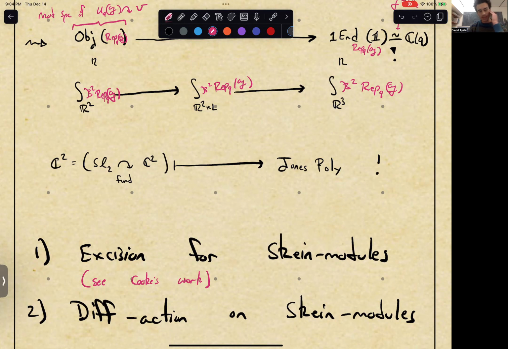And what was missing, of course, is a derived theory of Skein modules to fill in the rest of that right exactness to a long exact sequence. So I'm just going to leave it at that: one gets from this an excision formula for Skein modules. And as I already mentioned, one gets a diffeomorphism action on Skein modules, which I think would be pretty interesting for constructing elements and for constructing skeins.